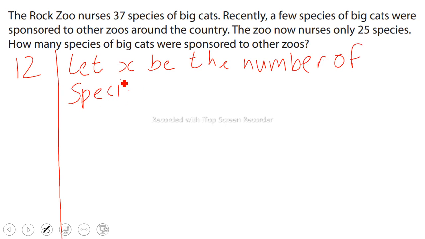If you want to use more than one letter, you can, but I think you can just use x mostly. It's not necessary to use x. It's just the one that's most famously used, and a lot of the equations that come up usually use x too, so it's nice to get used to seeing x. But we could use different letters. But let x be the number of species of big cats that was sponsored.